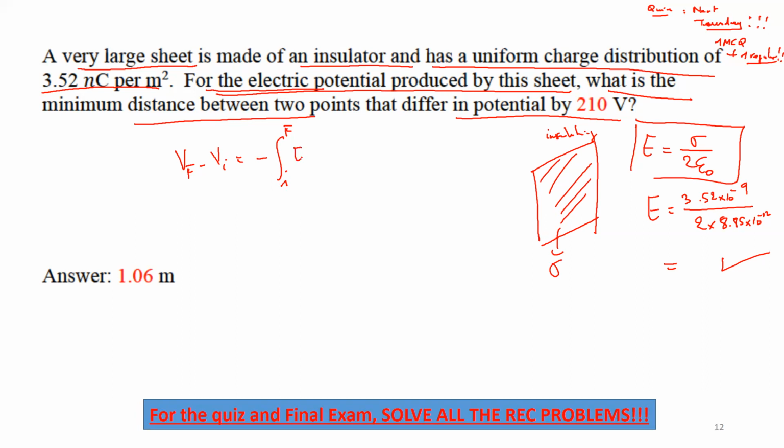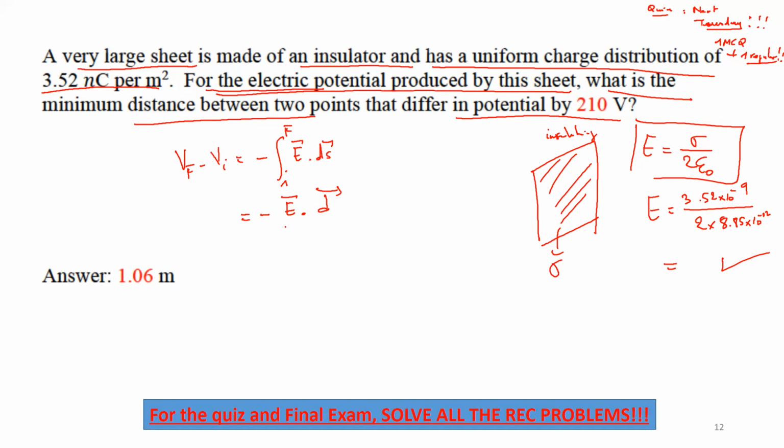Now, of course, if E is constant, like outside this sheet, I can take it out. I will have minus E dot the displacement. Now the displacement, let me call it D.